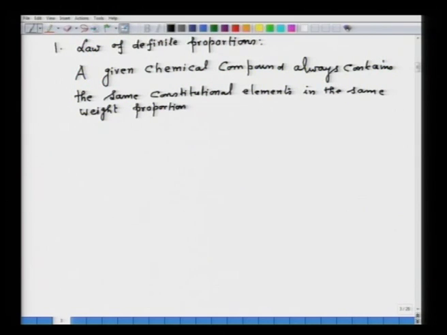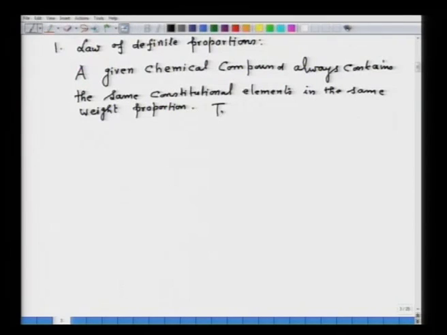For example, Fe2O3, there will be 2 atoms of iron combining with 3 atoms of oxygen. And for Cu2S, 2 atoms of copper combining with 1 atom of sulfur. However, here copper and sulfur are the same constitutional elements, but CuS is also formed. So in that case it will not be valid.